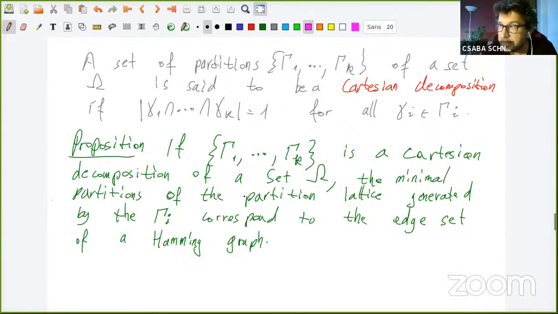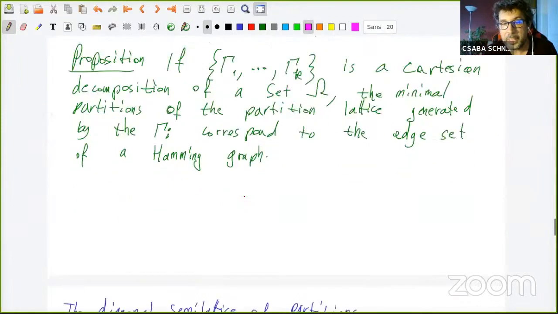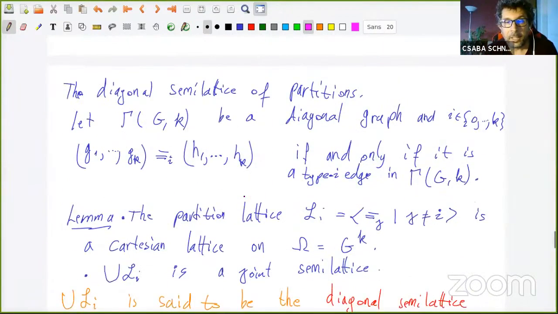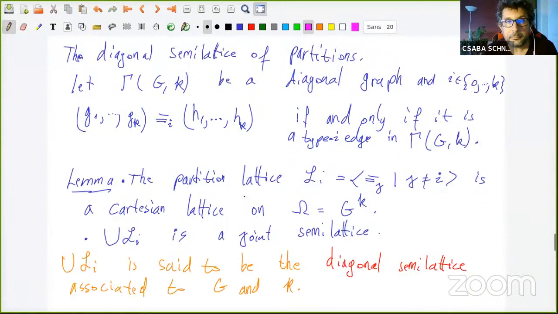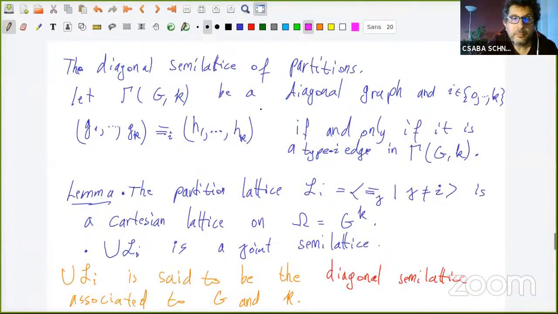So in some sense, these Cartesian decompositions and Hamming graphs are equivalent objects. Cartesian decompositions are maximal partitions, and Hamming graphs are minimal partitions of some Cartesian lattice. And so we can do the same with the diagonal graph.